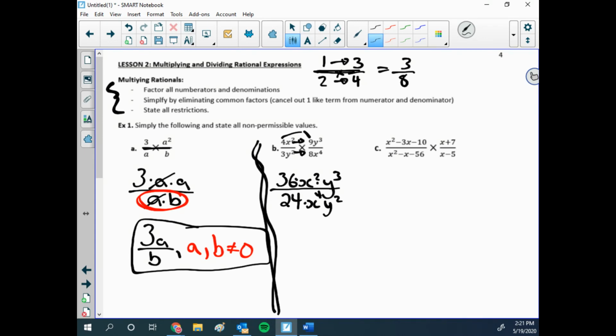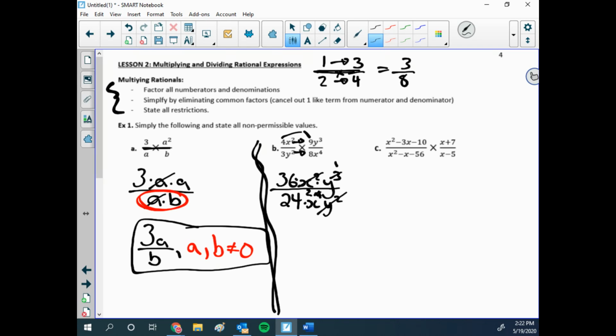And now what I need to do is cancel out like terms on both the top and the bottom. There are 2 x's on the top and 4 x's on the bottom, so I could get rid of 2 here and be left with 2 on the denominator. 3 y's on the top and 2 y's on the bottom, so 2 of these y's would cancel out with 2 of these, and I'd be left with 1.